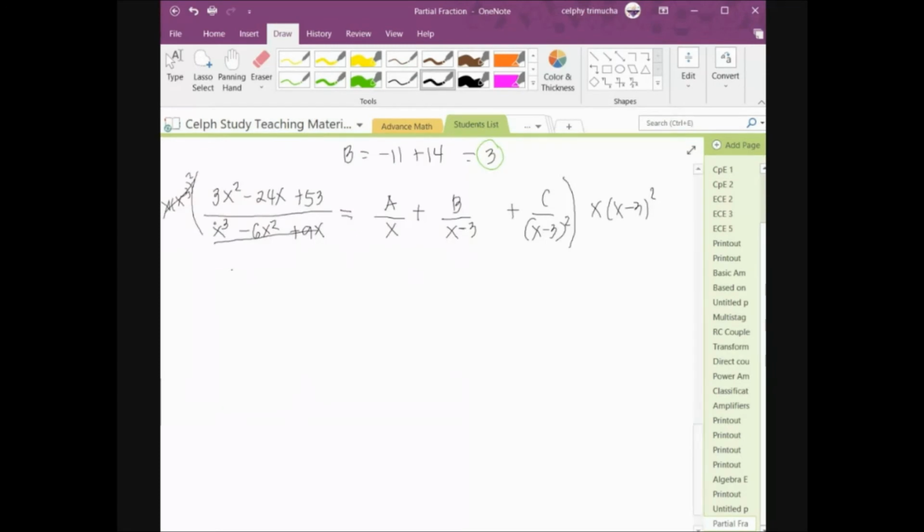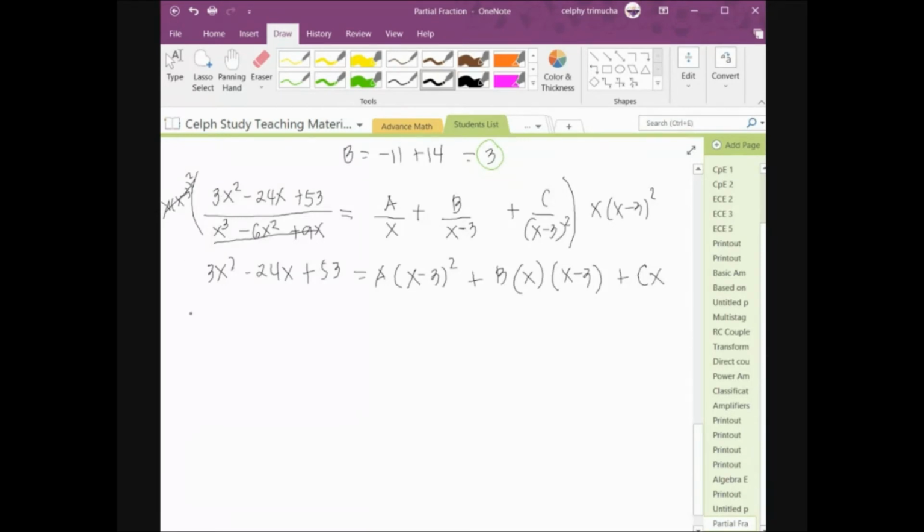Ang mabilin, we have 3x squared minus 24x plus 53 is equal to a times x minus 3 squared, plus b times x times x minus 3, plus c times x. Cx na lang.